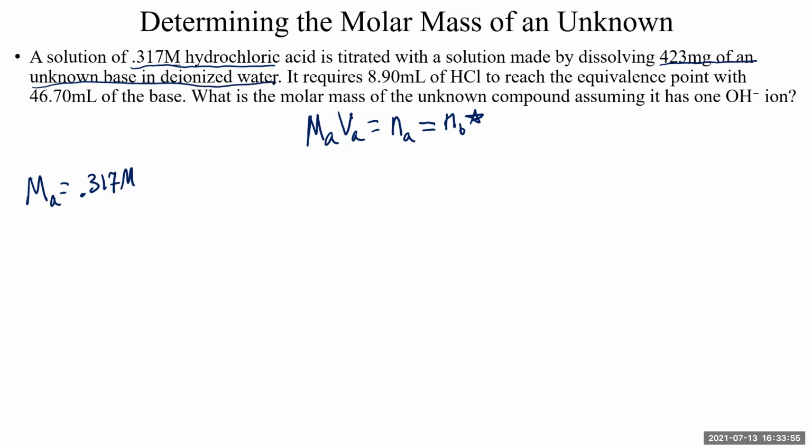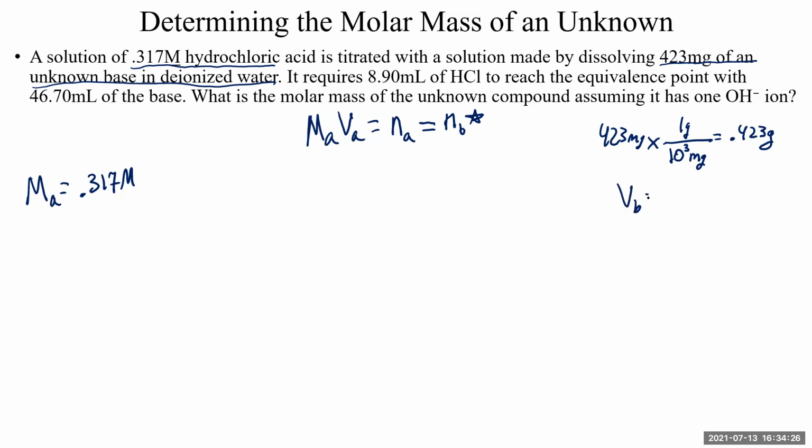I'm just going to right away convert milligrams to grams. 10 to the third milligrams gives me 1 gram. That's going to equal 0.423 grams of my unknown base in deionized water, but it doesn't specify how much.